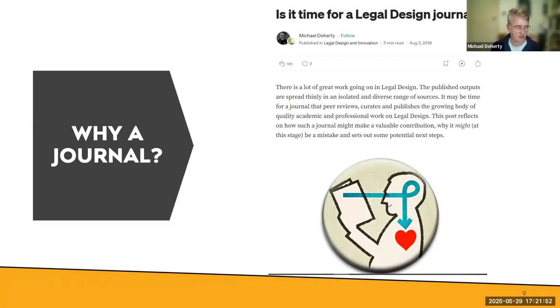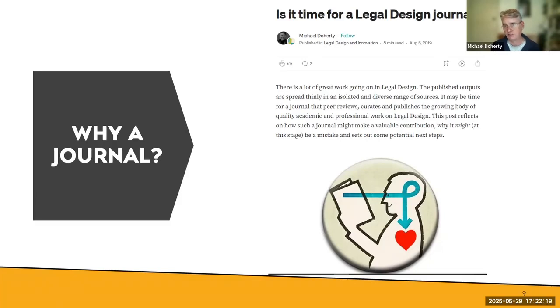And there's a second issue, which is that, a bit like today for this presentation, where I did a whistle-stop tour of legal design, every time anyone published a piece on legal design in either a generalist journal or a specialist journal in a different or related field, they would have to spend a significant chunk of that article explaining what legal design was, justifying its existence and outlining its features.